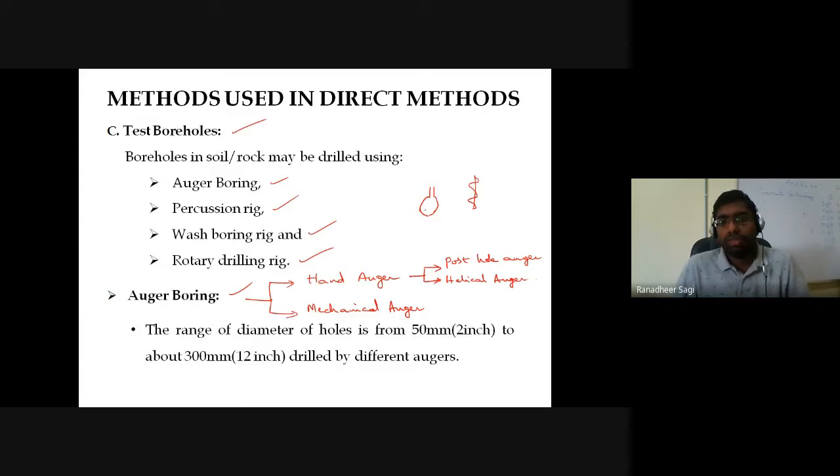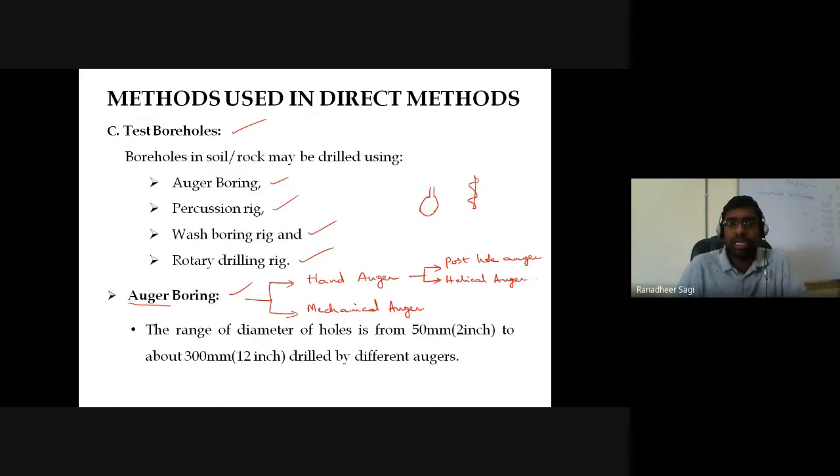With the help of that, we'll be cutting the soil in the process of extending the borehole into the ground. So the auger is nothing but a tool or device which is useful for cutting the soil. We are going to have different sizes of augers, and it totally depends on the diameter of the borehole we want to make.